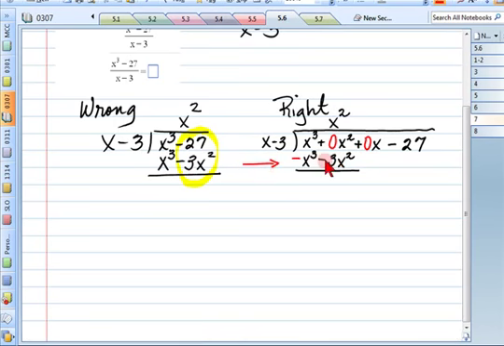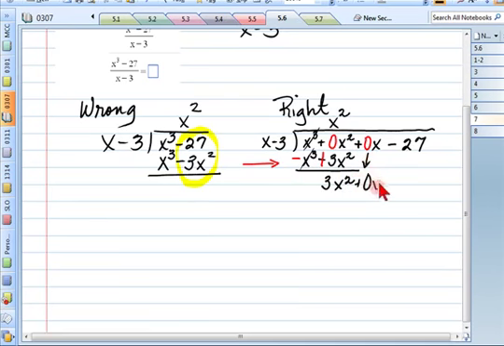I'm going to change my signs. The x to the thirds cancel, but what is 0x squared plus 3x squared? It's 3x squared. That placeholder kept me from lining up things that weren't alike. And bring down, although it looks weird, a placeholder 0x.